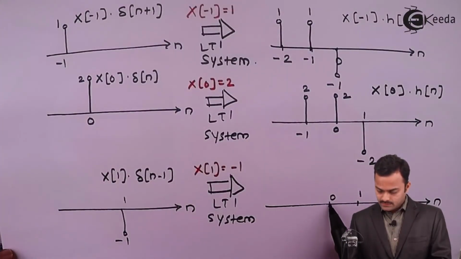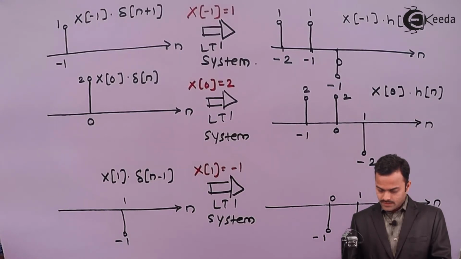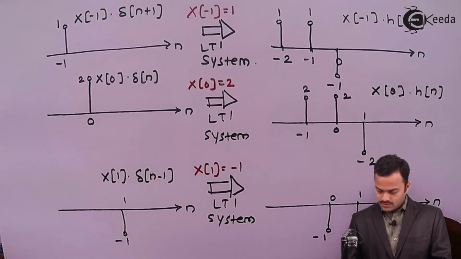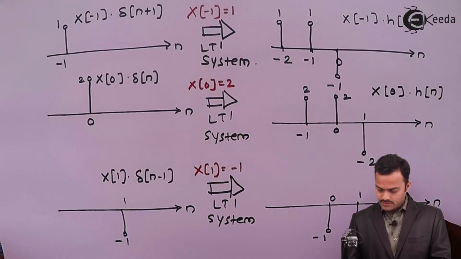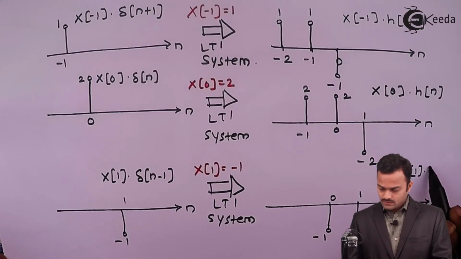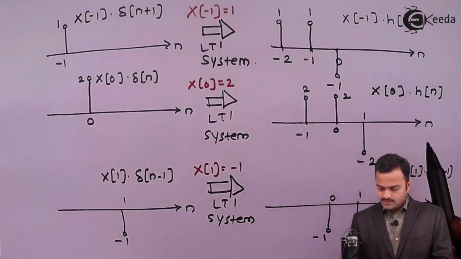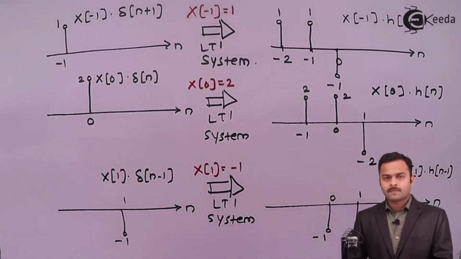We will get impulse response -1, -1, and -1 multiplied with the -1 is 1. So we'll get this as x of 1 h of n minus 1. So we'll get this impulse response.